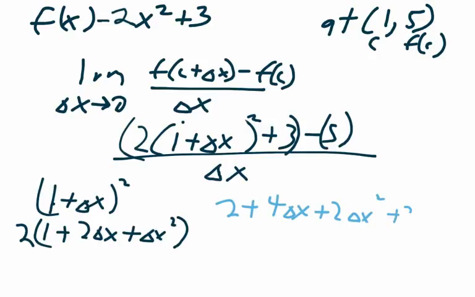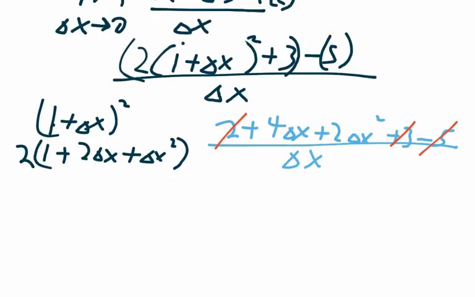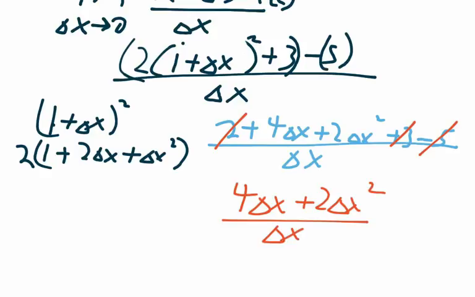plus 3, not minus 3, minus 5 over delta x. The 2 plus the 3 minus the 5 is 0, and we are left with 4 delta x plus 2 delta x squared divided by delta x.